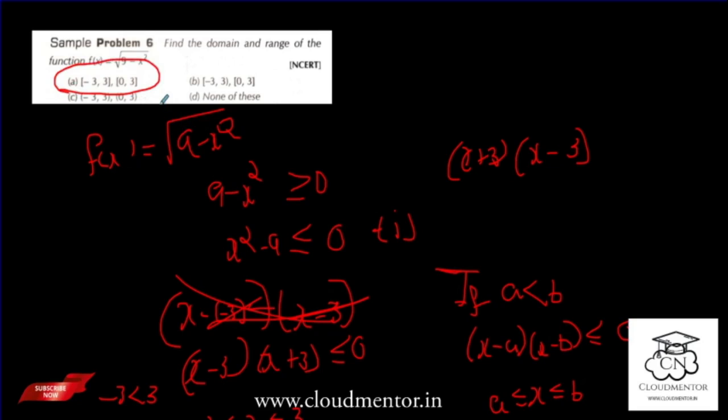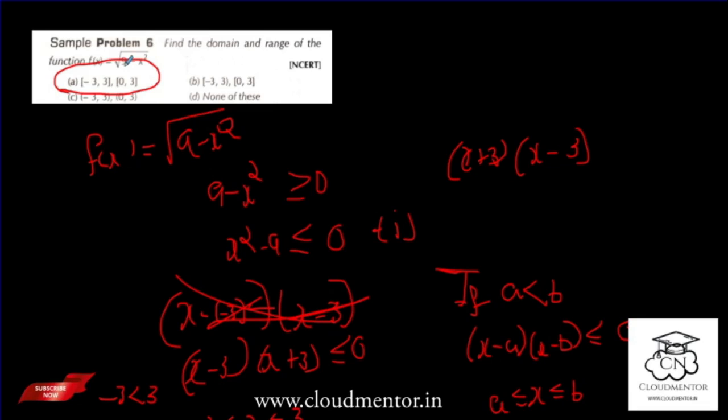What we did here was take the function f of x equal to root of 9 minus x square and apply the condition that it must be real. It must be greater than or equal to 0, otherwise it will be complex, so 9 minus x square must be greater than or equal to 0.